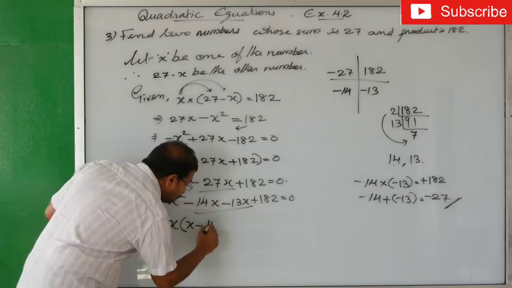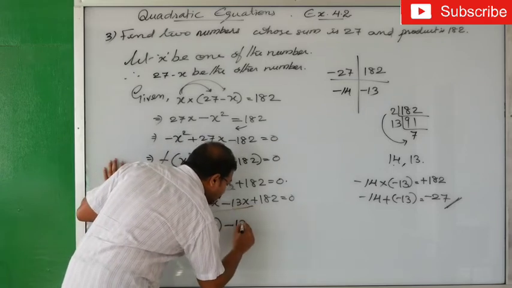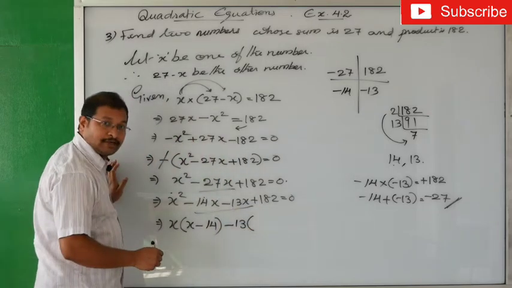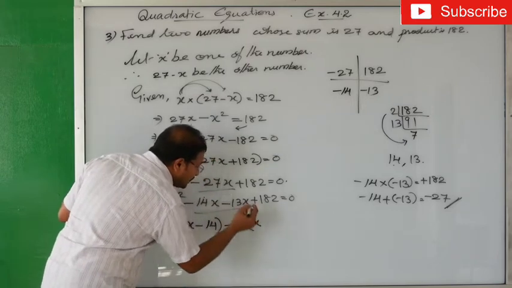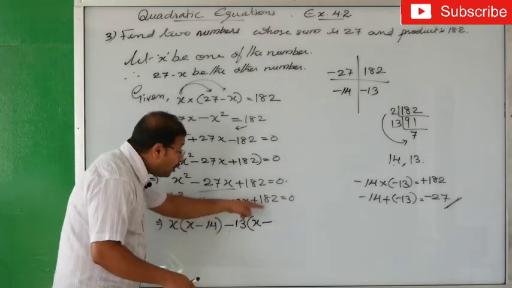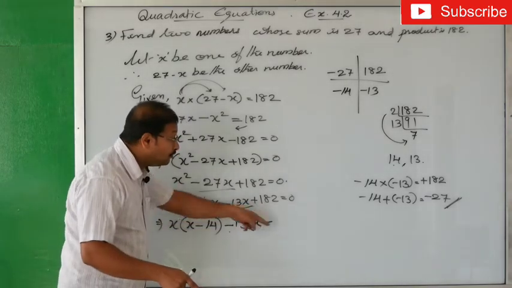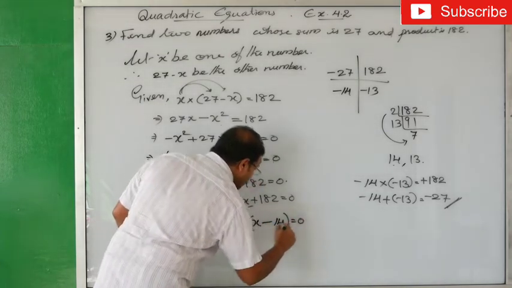Balance is 14. Minus, from these two, we are taking 13 outside. Ready? Then the balance is x. If I take minus outside, plus will convert into minus. 13 into how much will get 182? 13 into 14. That means 14 will be inside, equals 0.